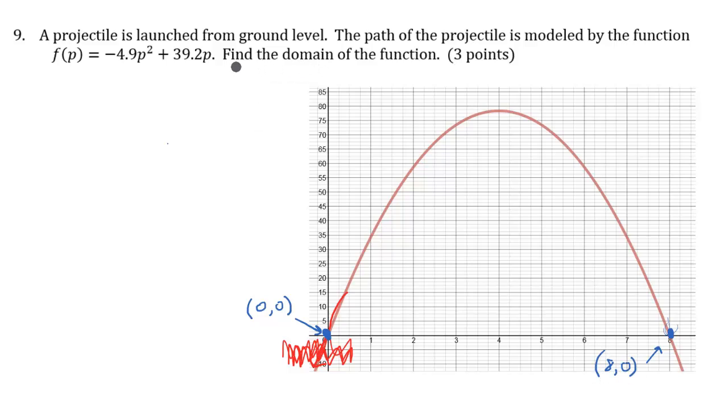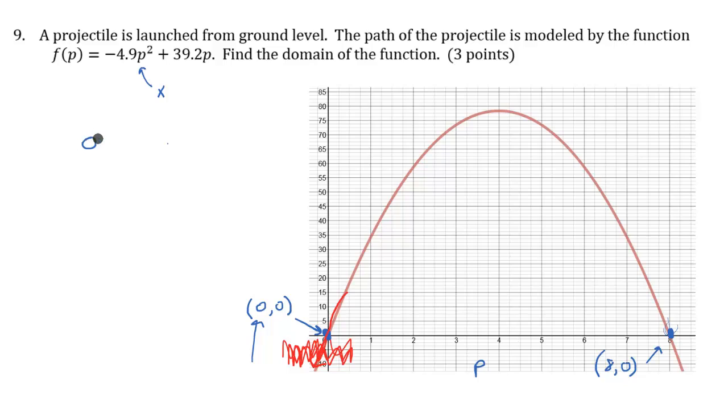So back to my question, it says find the domain. Well, the domain is always referring to our x values, and in this case our x values are our p. So we want to figure out if this axis right here represents p, what is my lowest possible p value? And that's going to be 0.